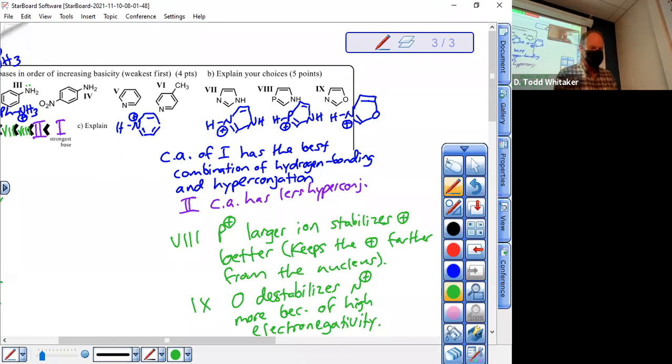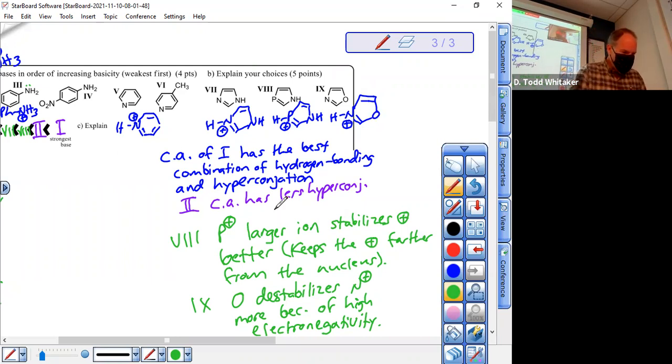Yeah. You don't want an atom in a molecule to have a plus charge. So I'm hoping you're seeing why I drew the conjugate acids. I'm talking about their stability. If they're stable, that means they're easy to make. If they're unstable, it means they're hard to make.